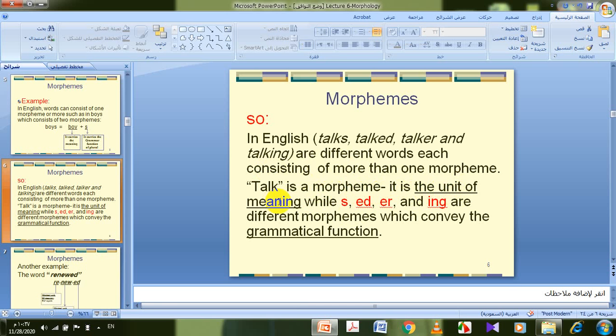It is the unit of meaning. While s, ed, er, and ing are different morphemes which convey the grammatical function. The morpheme that carries the meaning is talk in all of them.